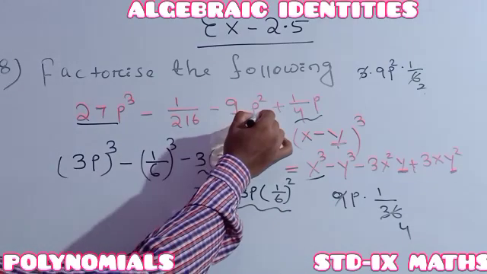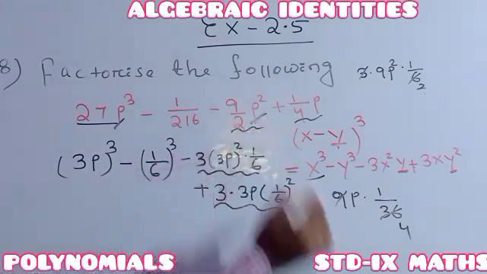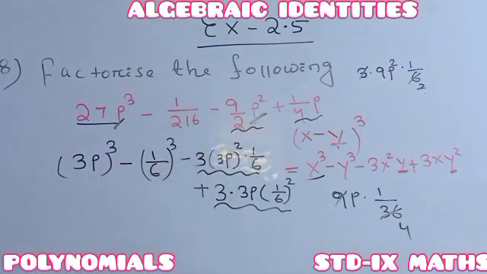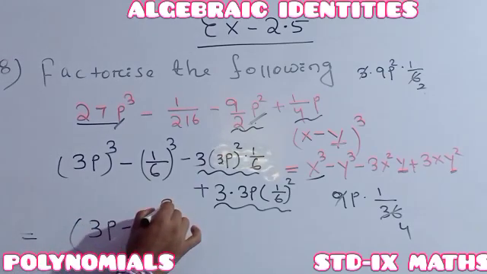Okay, so here it is p square, here p is the first term, so this one is the term of 3x square y, because of the first term square. So its factorization form will be 3p minus 1 by 6 whole cube.